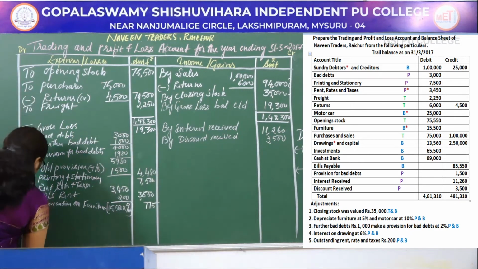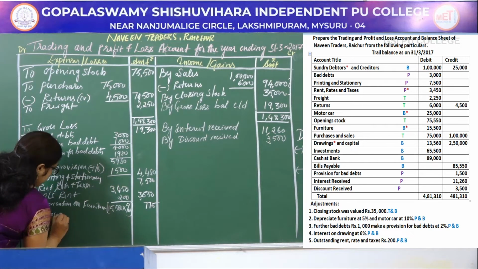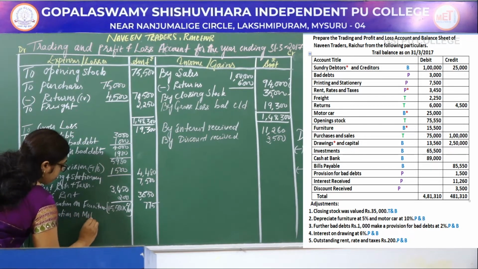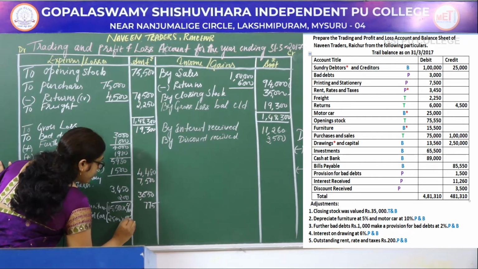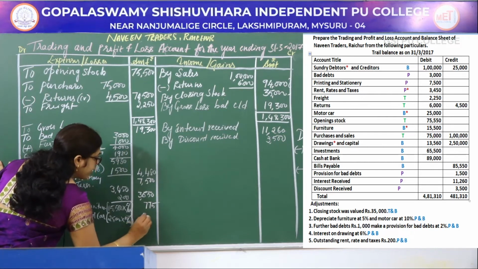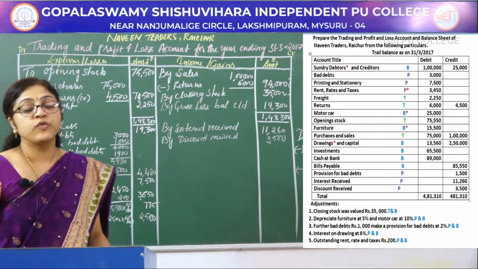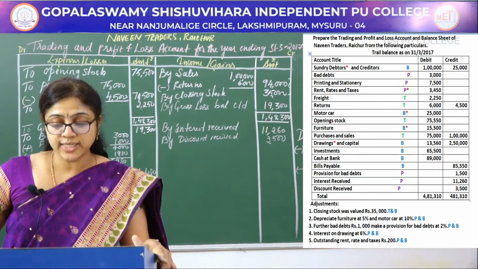Next one, to depreciation on motor car, 25,000 into 10 divided by 100 equals to 2,500.